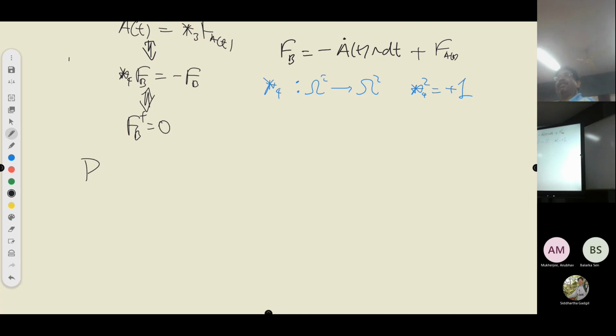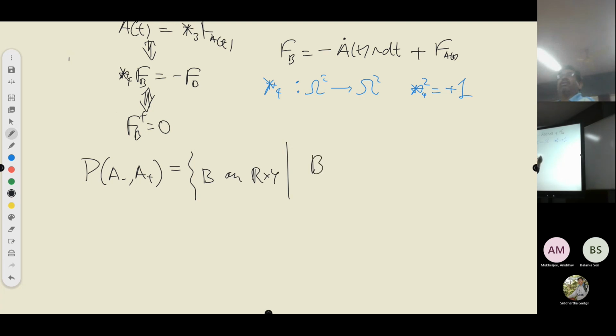Anyway, with this in mind, we're going to redefine the path space a little differently. So B is a connection on R cross Y with the following properties.